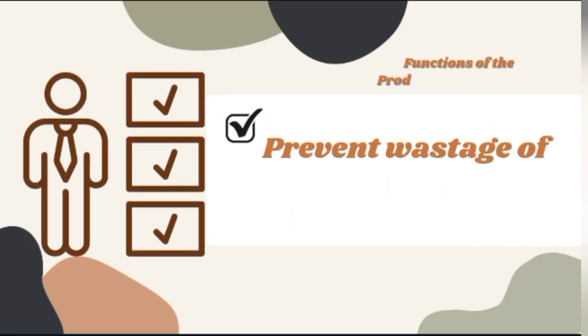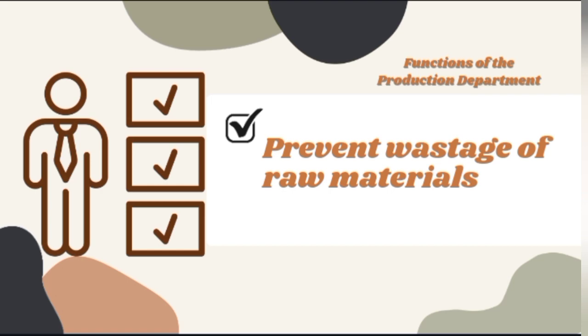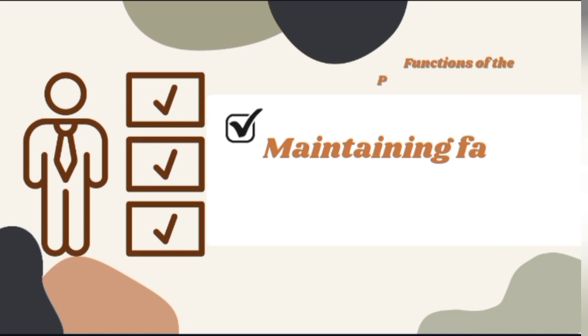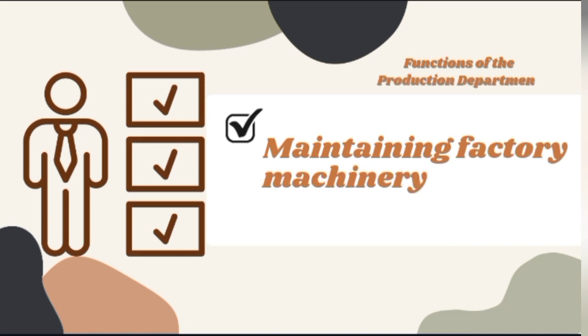They also prevent wastage of raw materials. They ensure that materials used for production are used judiciously without wastage. Also, they make sure that machineries are properly maintained, well cleaned and properly placed where they ought to be.